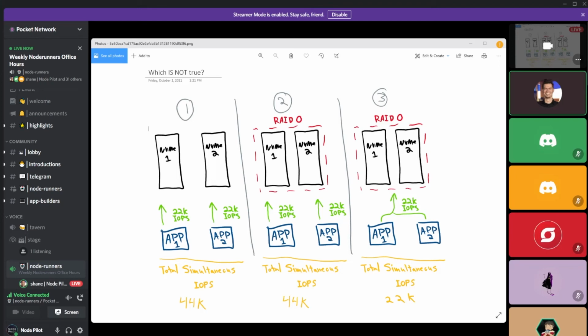Which is why everywhere that you talk about RAID 0, they always say you won't get faster IOPS, and I think that is in general true. If you have two different applications and they both need information from NVMe 1, you're still at the limitation of that one drive's IOPS. Now, if the information is on NVMe 2, then you're using the IOPS from that drive. So okay, that makes a lot of sense.